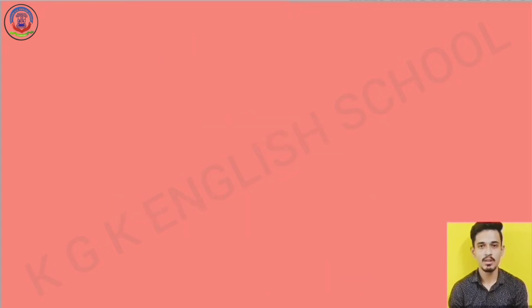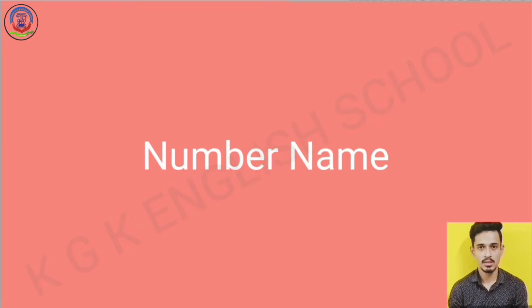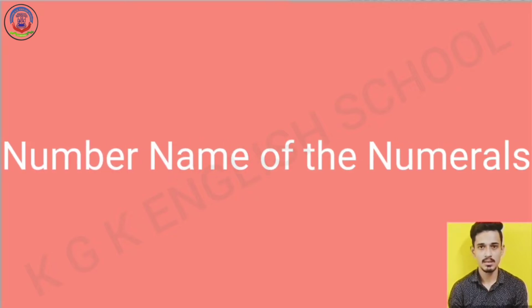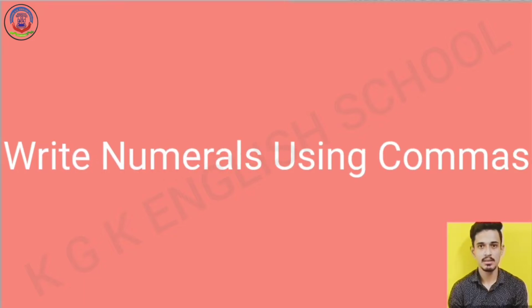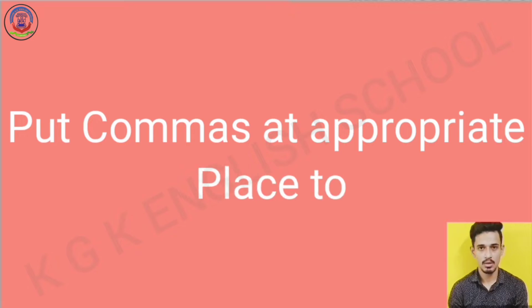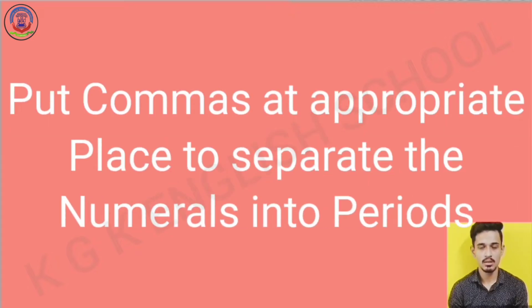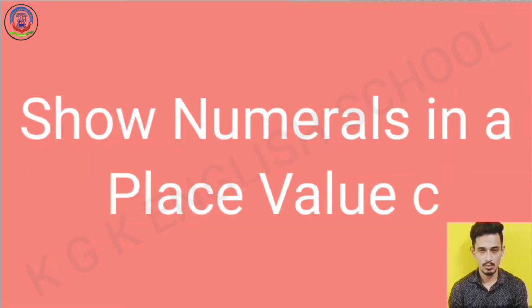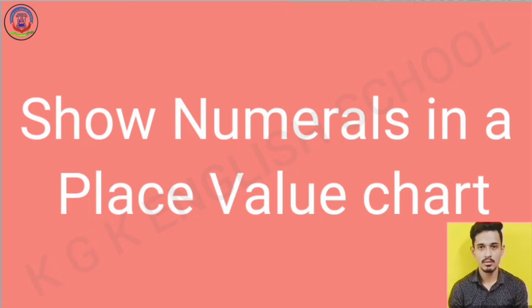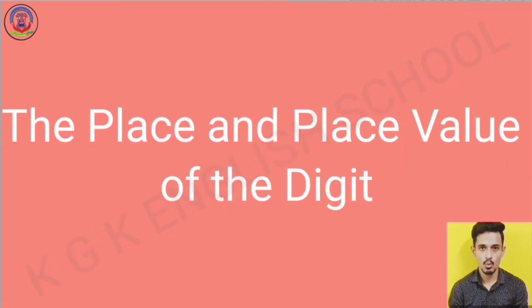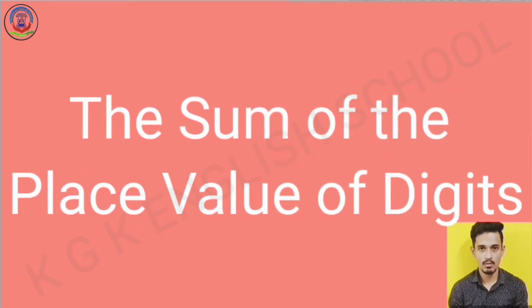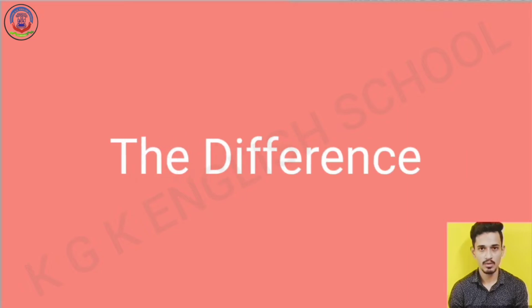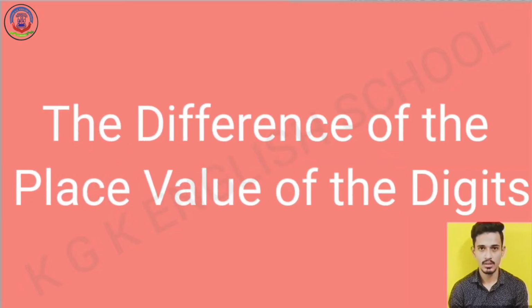In the previous lecture, we learned about number names of the numerals using commas, putting commas at appropriate places to separate the numerals into periods, showing numerals in a place value chart, the place and the place value of the digits, and the sum and the difference of the place values of the digits.